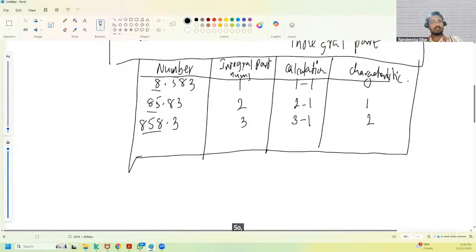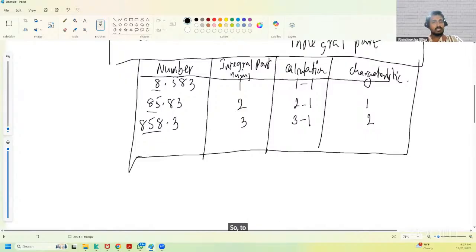So for the mantissa, it basically means the table value. Table value means the row and columns plus the mean difference. So think about it like this: the characteristic is the size of this number, and the mantissa is its identity.